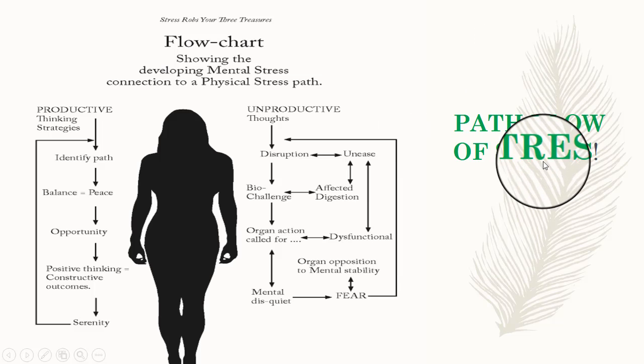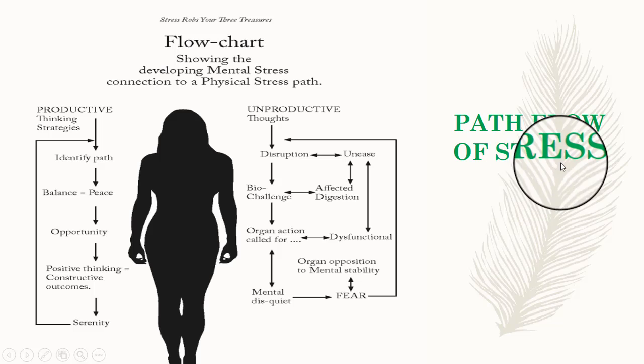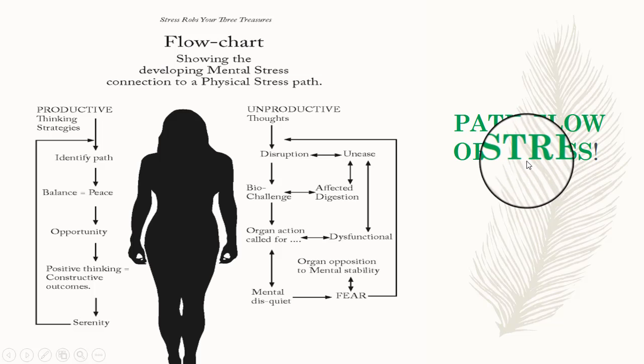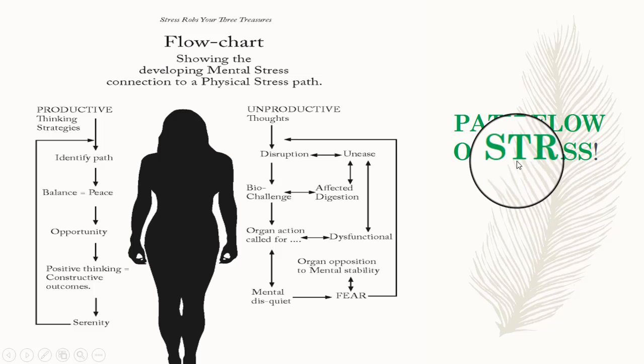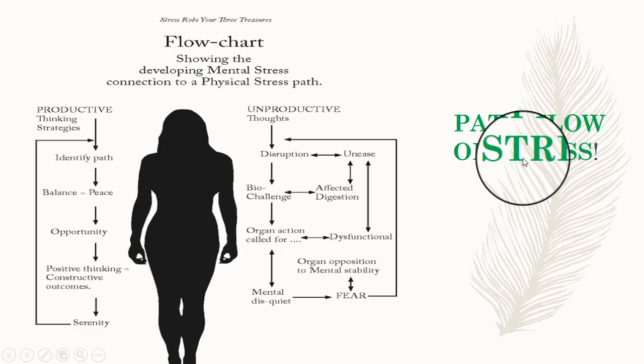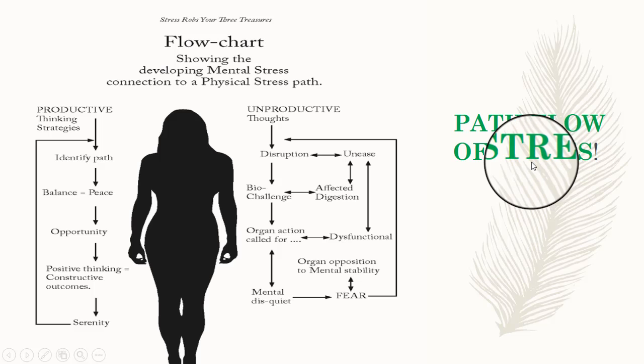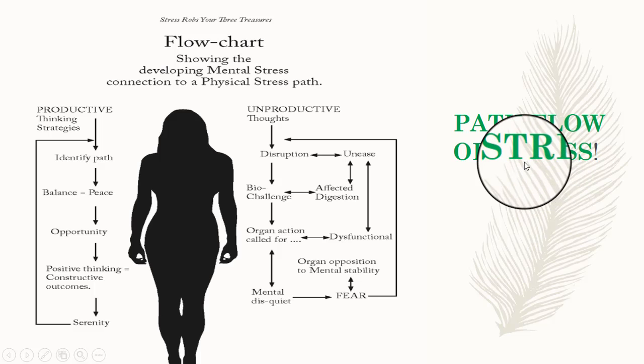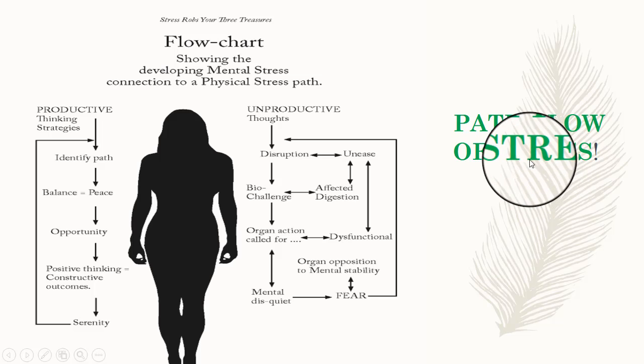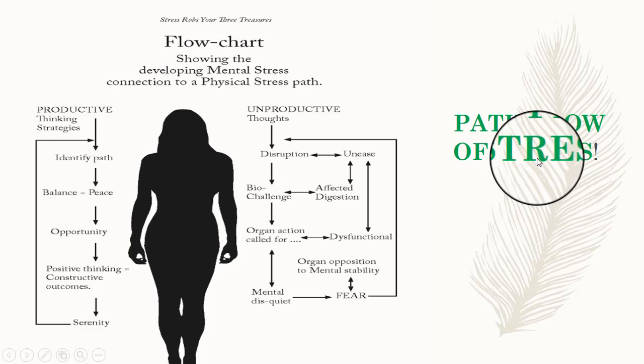So whenever this stress is perceived by the hypothalamus, under the influence of stress it releases a hormone, CRF, which means corticotrophic releasing factor, and then it acts upon the pituitary gland.